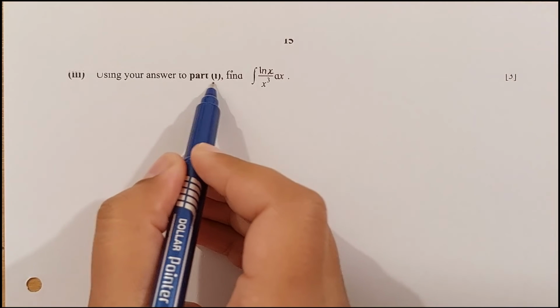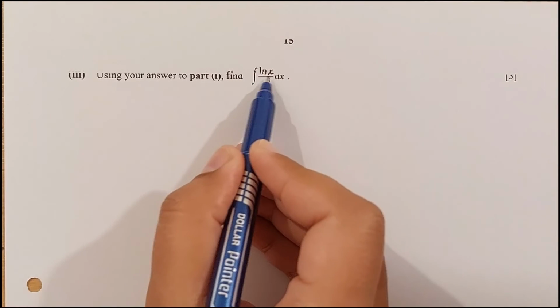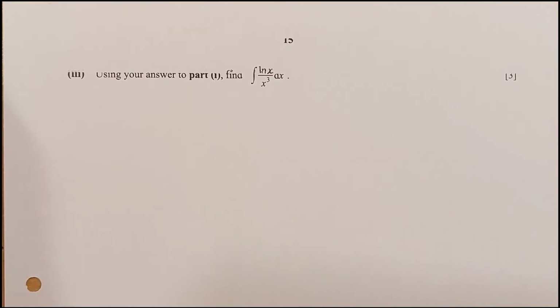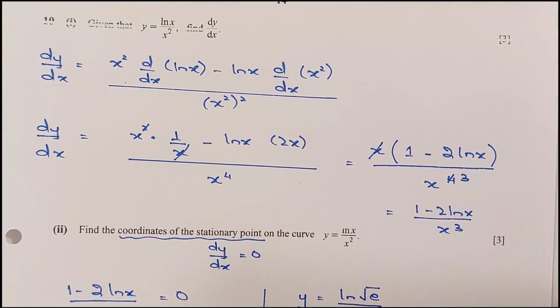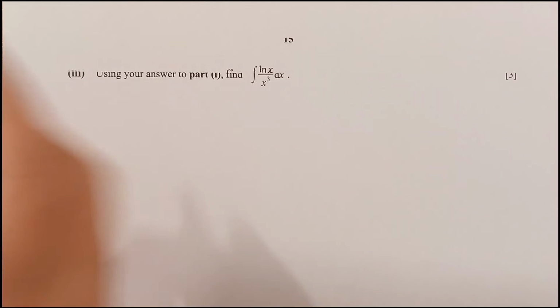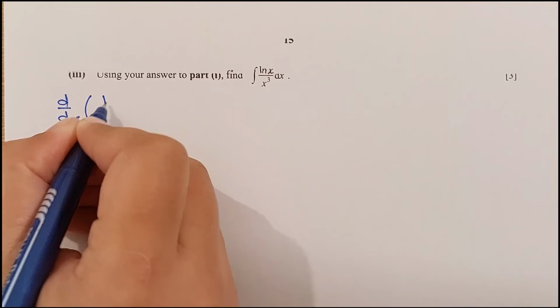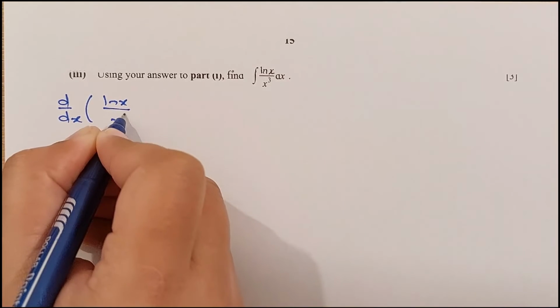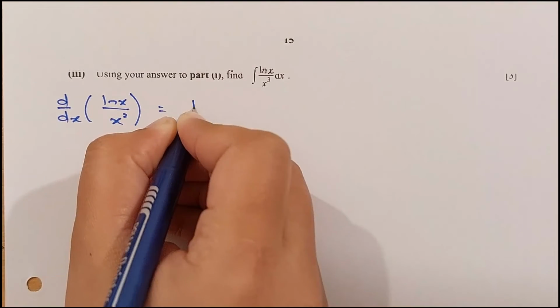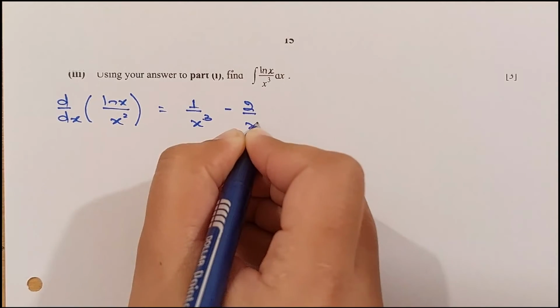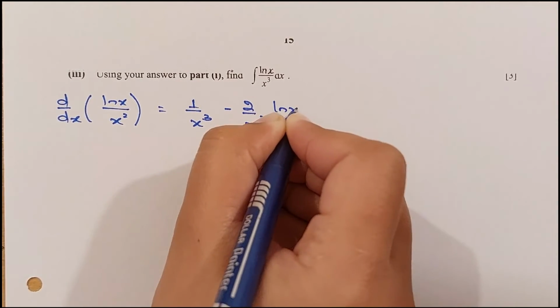Number 3, using your answer to part 1, find the integration of ln of x over x cube with respect to dx. Okay, so this is the answer of part 1. Let me write this: the derivative d by dx of ln x over x square equals 1 by x cube minus 2 by x cube times ln of x.